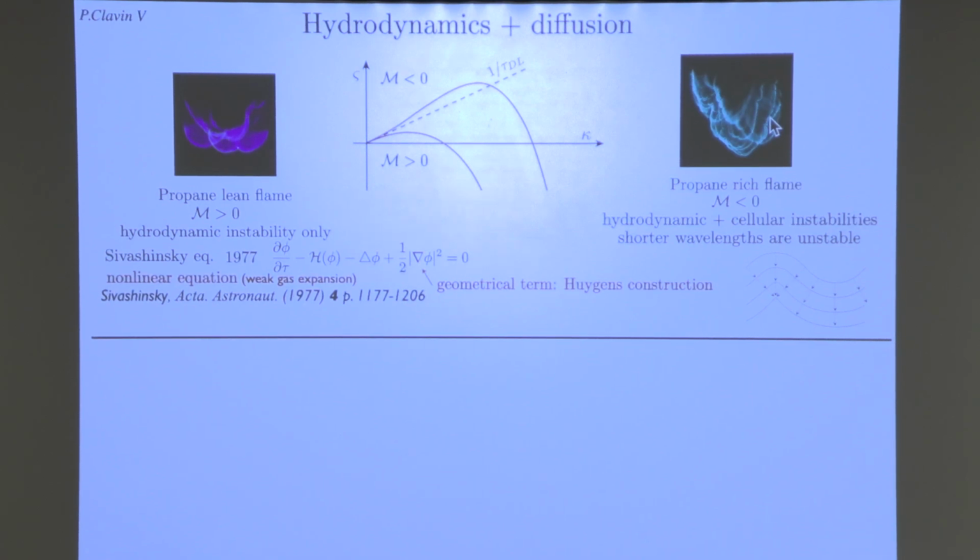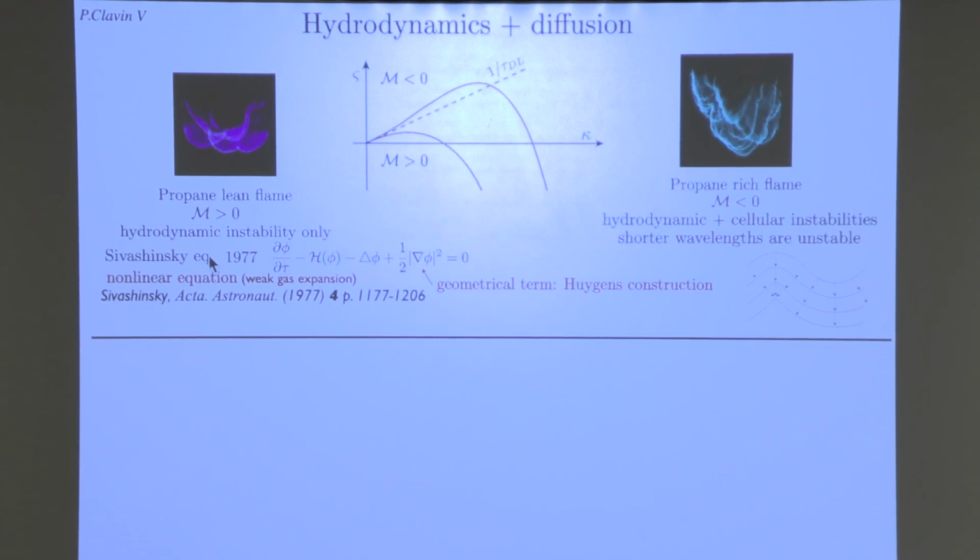It's not new. The problem was finished, let's say, more than 40 years ago. A decisive step was also developed by Sivashinsky, who tried to develop a nonlinear analysis to see what would be the effects of the nonlinear term.